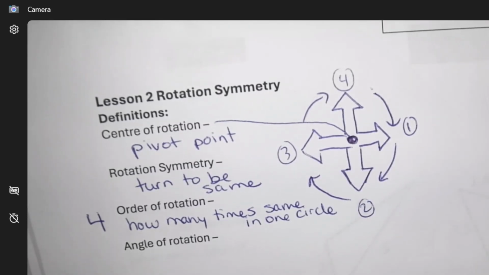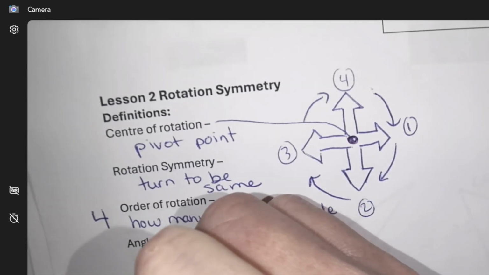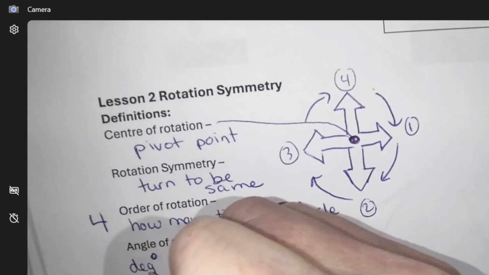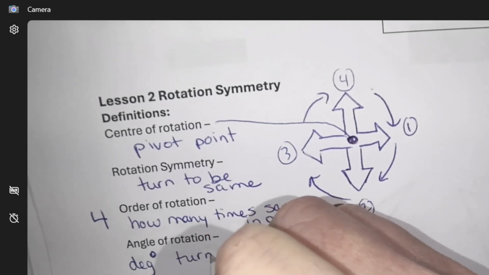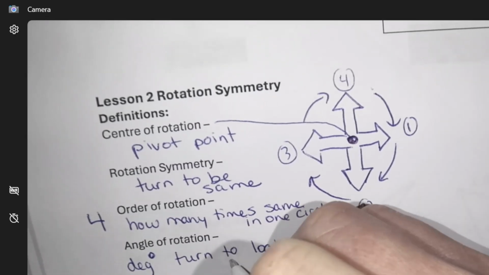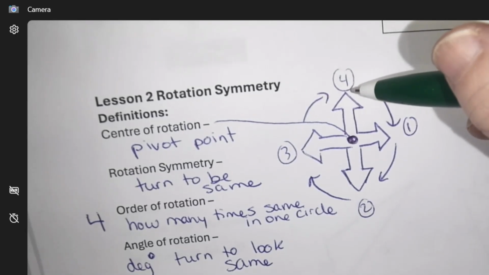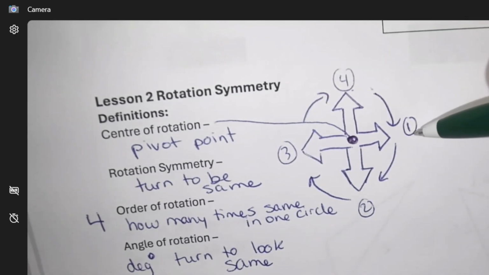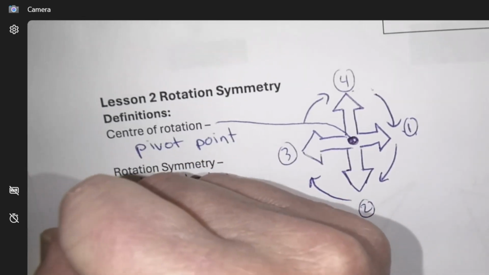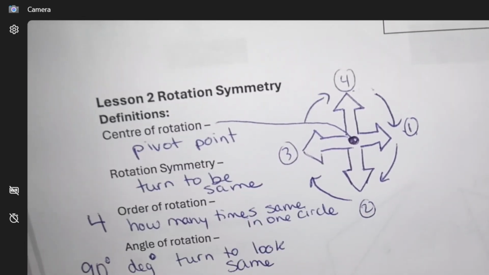Angle of rotation: how many degrees do you have to turn it to be at the same look? So here's my start. If I wanted to turn it there, it would look the same. How many degrees is that? 90 degrees.